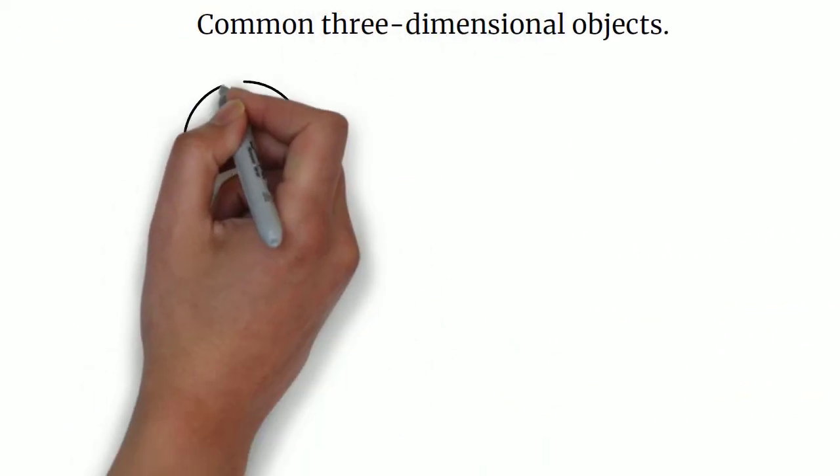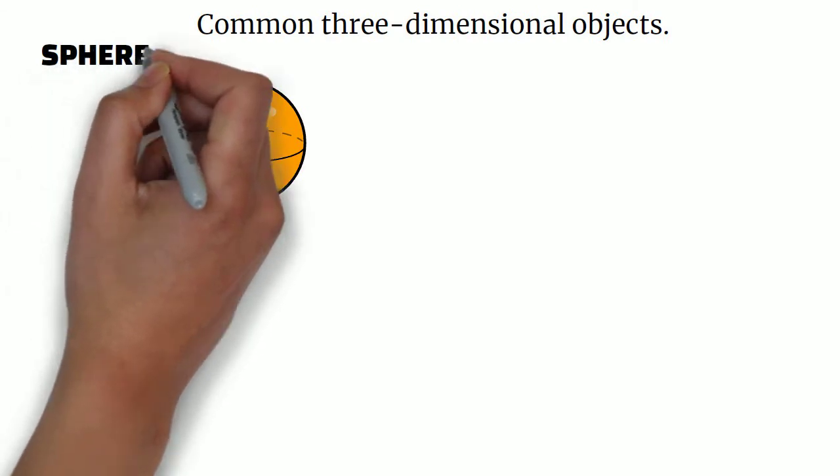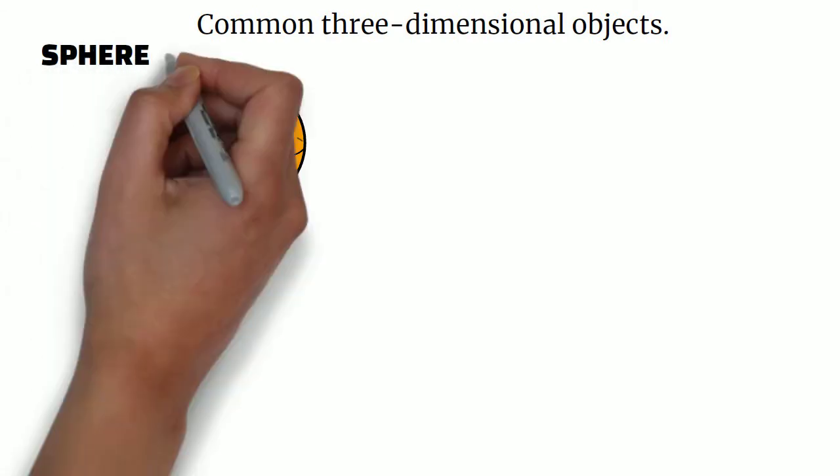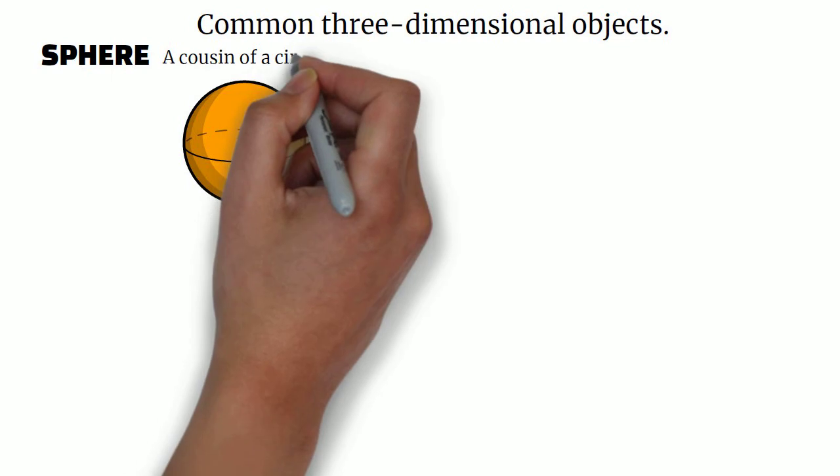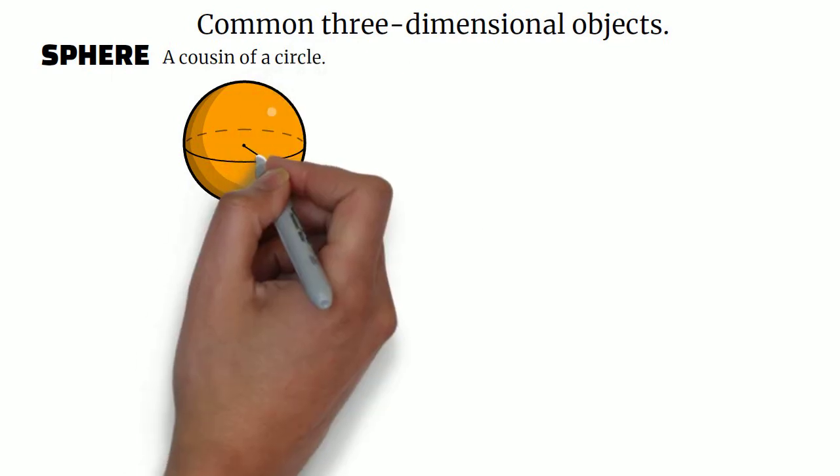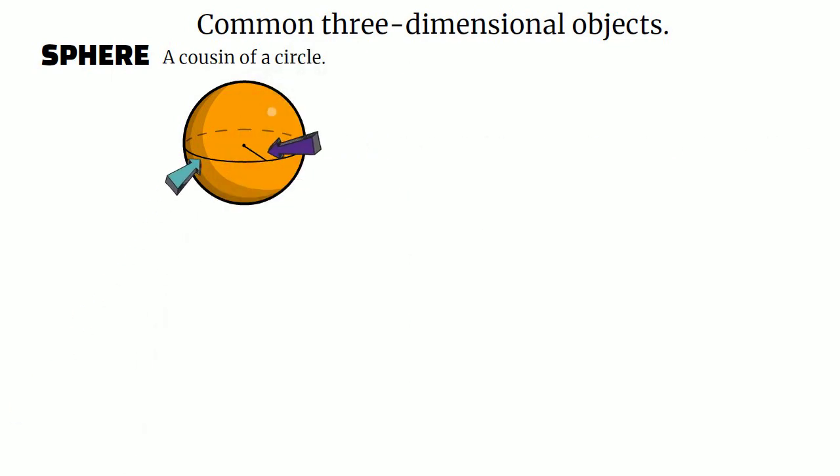Some of the most common three-dimensional objects are a sphere, which you could say is a cousin of a circle. The most important dimensions here are the diameter and the radius.